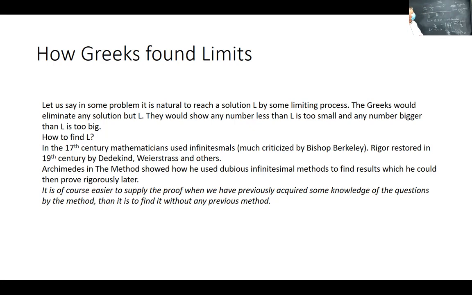Now, of course, the big question that's asked is, well, how do you find L? To do this, you've got to know the answer before you do the problem, sort of thing.